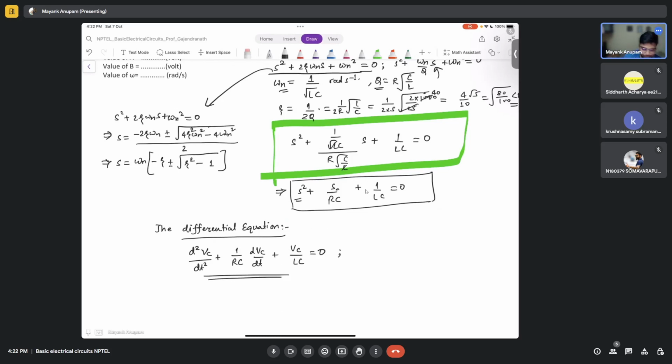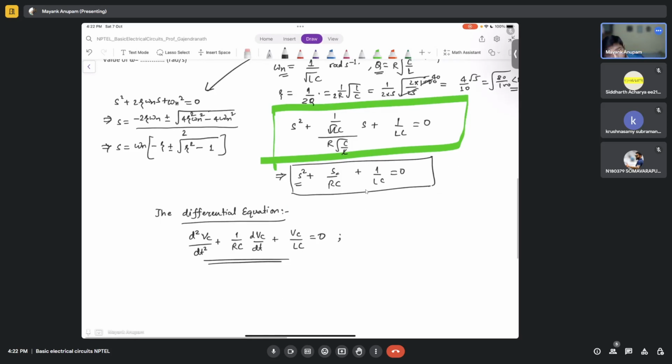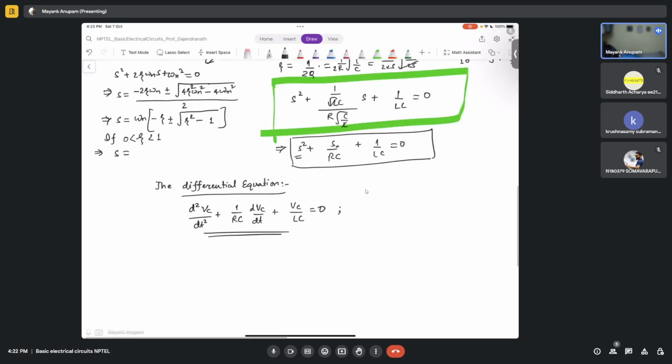If zeta is greater than 0 but less than 1, then this under root will become imaginary. So it will be plus minus j times root over 1 minus zeta square. This will be the solution, right?